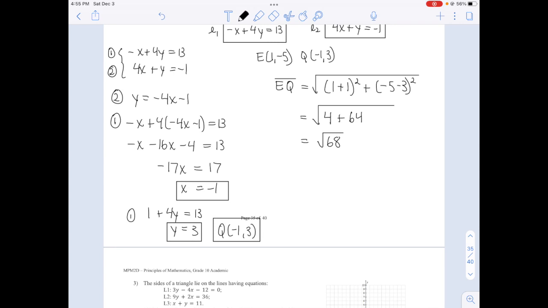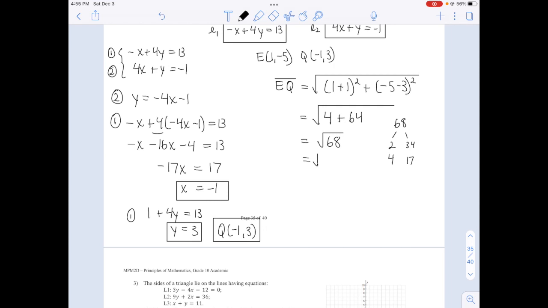Now I should see if this can be reduced further. Let's have a look at the factor tree. Okay, 68 divided by 2 is 34. Neither of those are perfect squares. 68 divided by 4 is 17.